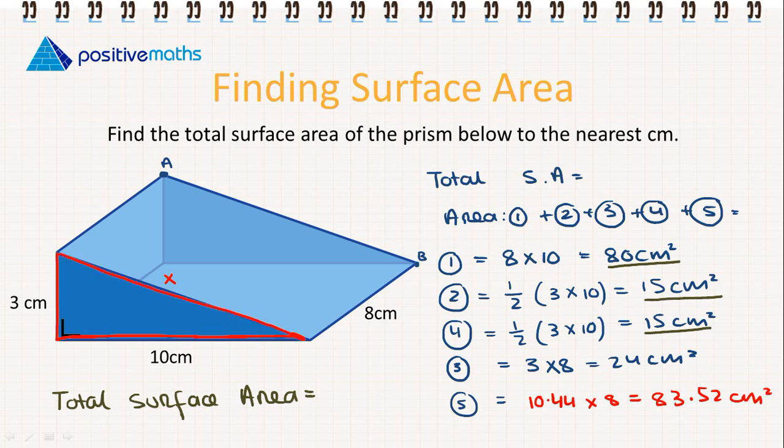So when we add 80 plus 15 plus 15 plus 24 plus 83.52, we're going to get 217.52, and that's centimeters squared. If we just check our question, we're told to find the total surface area of the prism below to the nearest centimeter. So therefore our answer is going to be 218 centimeters squared.